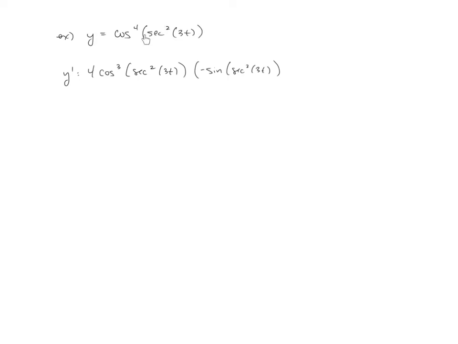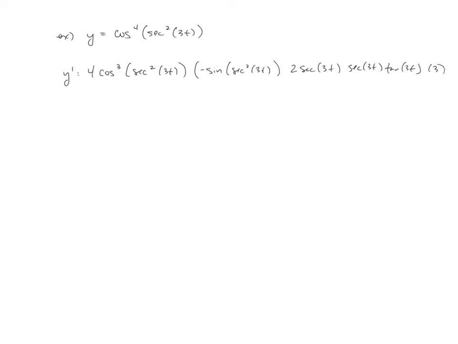So the 2 will come down, we'll subtract 1. We'll have a secant now to the first of 3t, back times the derivative of its inside, which was the secant function. So now we'll have secant of 3t, tangent of 3t for that derivative. So we'll have a secant of 3t, tangent of 3t, and then finally the derivative of its inside, which would be just a 3.